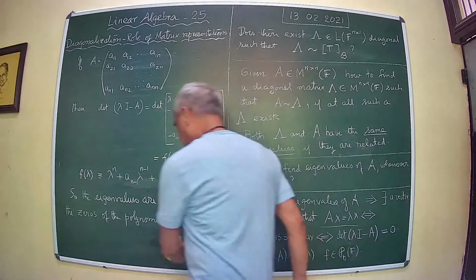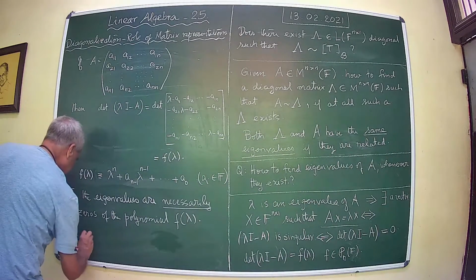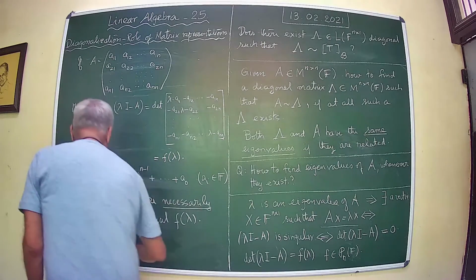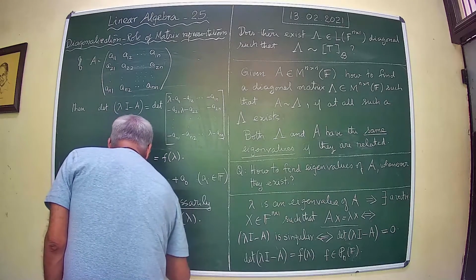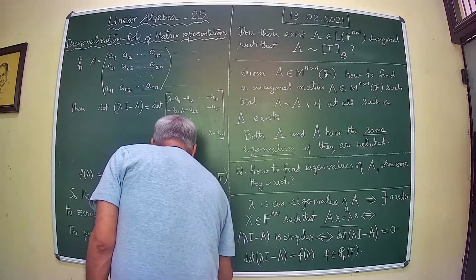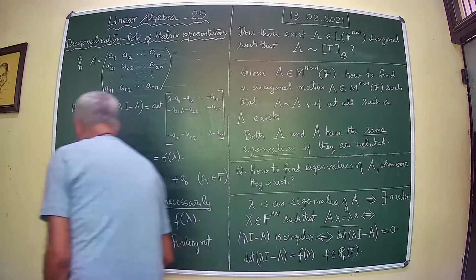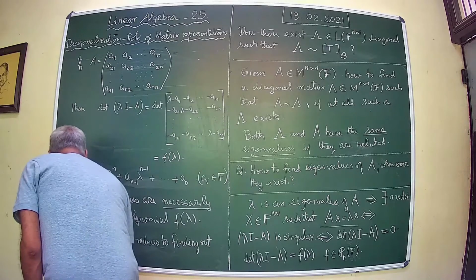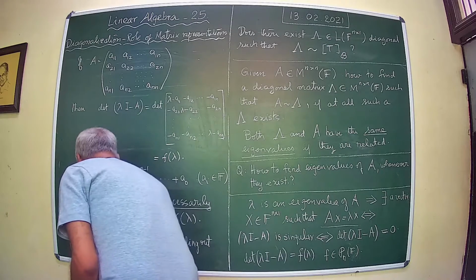So the problem now reduces to finding out the zeros of polynomials.